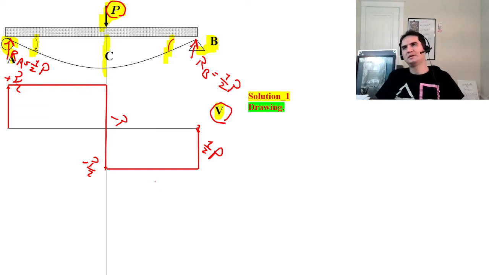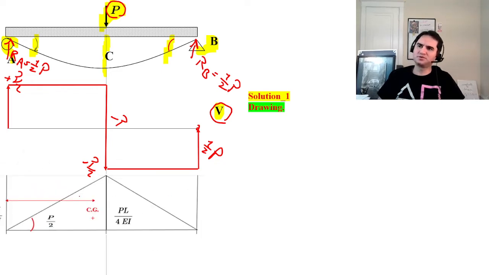From the shear diagram, if you want to draw the moment diagram, it just gives you M. If we call that M over EI, if we just divide that by EI, it gives us PL over 4 times EI.